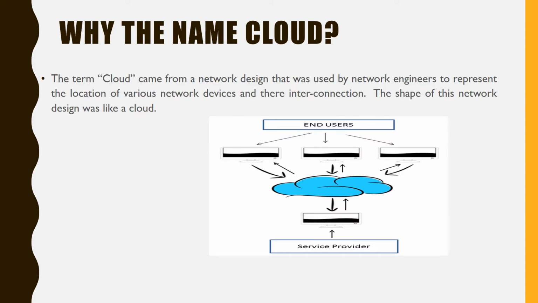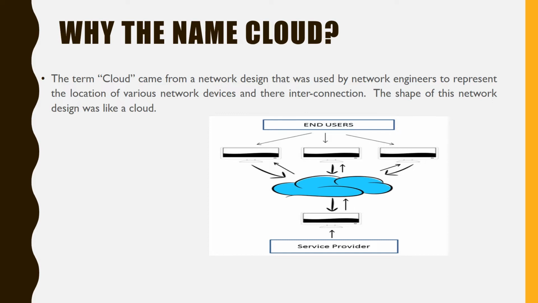Now, why the name cloud? Why did we name access to remote hardware and software as cloud? The term cloud came from a network design that was used by network engineers to represent the location of various network devices and their interconnection. The shape of this network design was like a cloud.